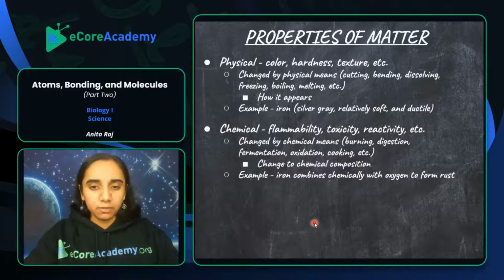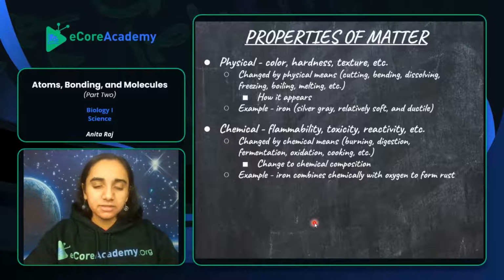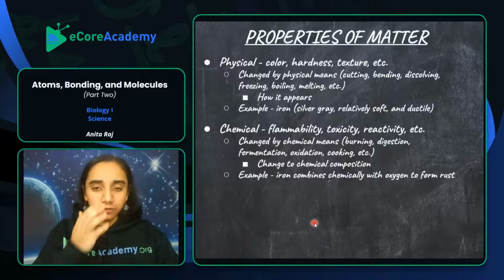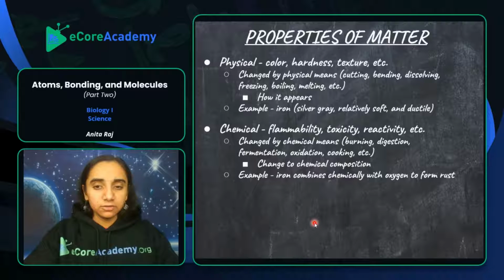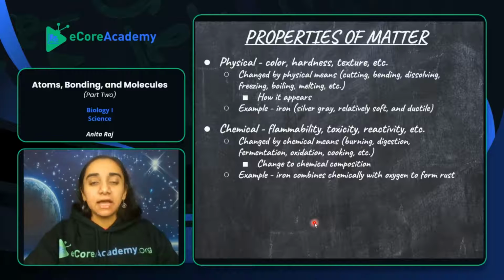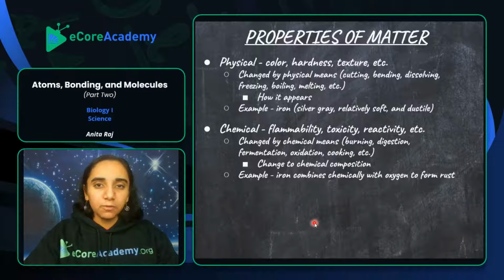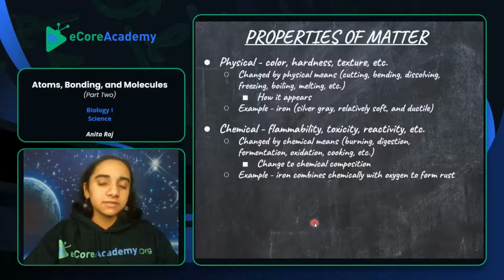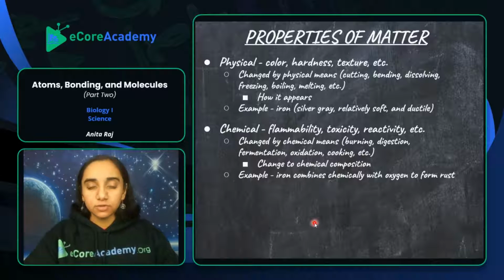Now we have chemical properties, and the chemical part of these substances is what this video is going to focus on. So chemical properties include things like flammability. How likely is an object to catch flame? For example, burning wood. Wood catches fire pretty easily, so it has high flammability. You have toxicity. Toxicity is pretty much a measure of how harmful a substance is to organisms or the environment.